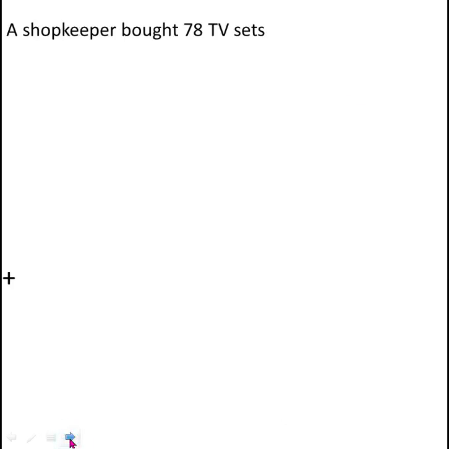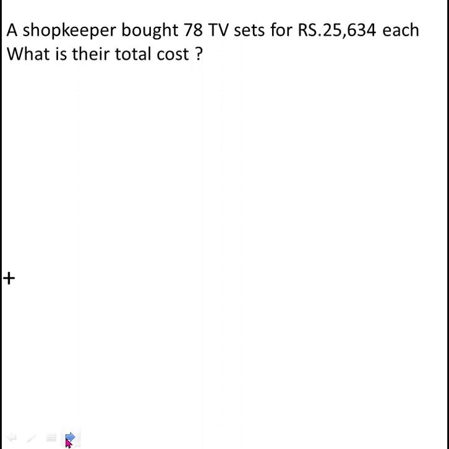Then we will solve another example. The example is on your blackboard. A shopkeeper bought 78 TV sets for 25,634 rupees each. What is their total cost?